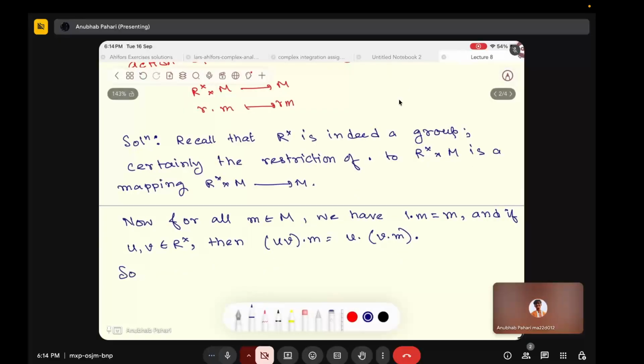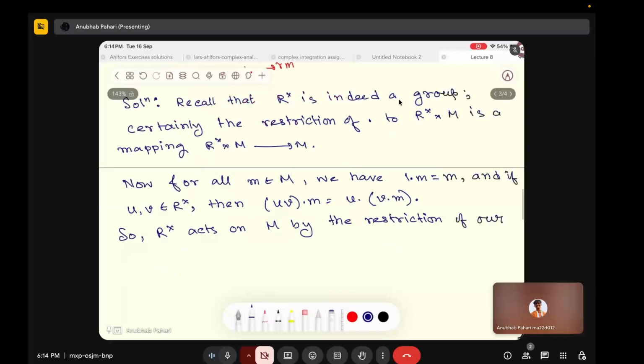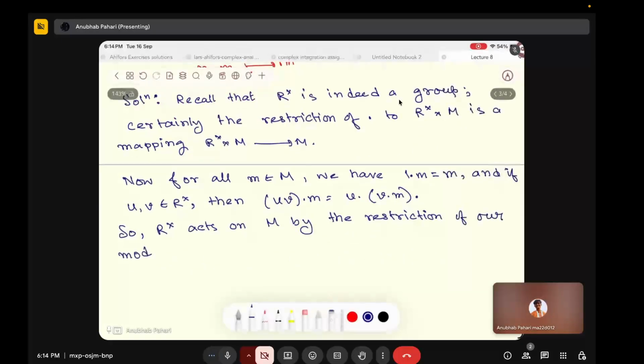So R star acts on M by the restriction of our module operator. So you are done.